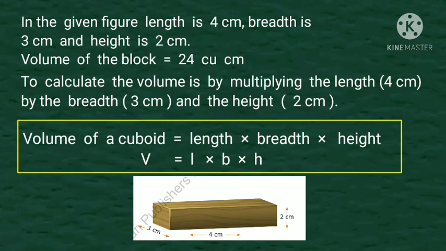V is equal to L into B into H. Once again, volume of a cuboid is equal to length into breadth into height. V is for volume, L is for length, B is for breadth and H is for height.